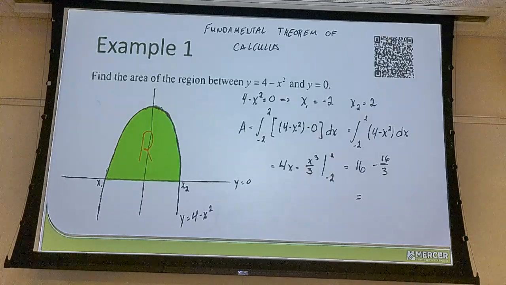Seven two-thirds? We don't ever use mixed numbers in that. Oh, sorry. So 32 over 3. Thirty-two thirds is the area.